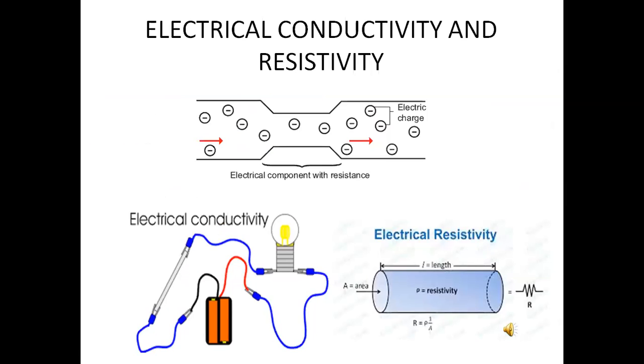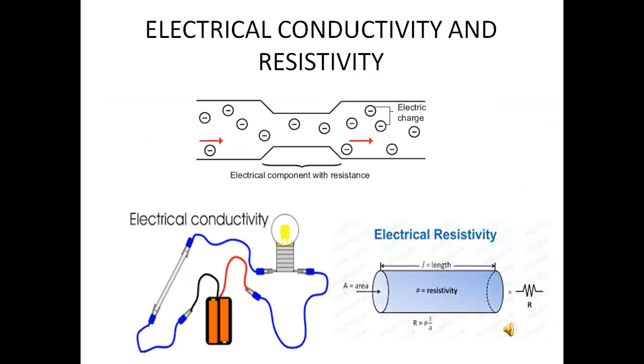Now we will see electrical conductivity and resistivity. What is resistance? An electrical component resists or hinders the flow of electric charges when it is connected in a circuit. In a circuit component, the resistance to the flow of charge is similar to how a narrow channel resists the flow of water.